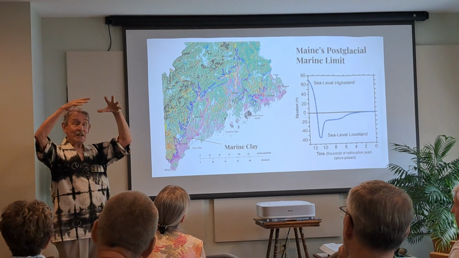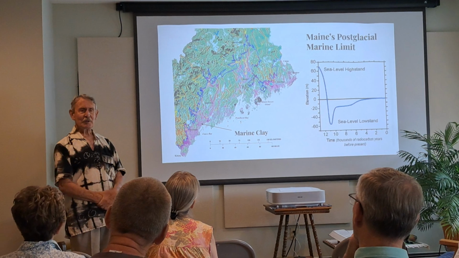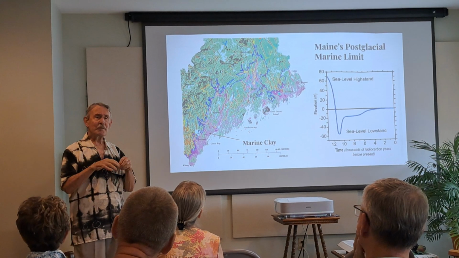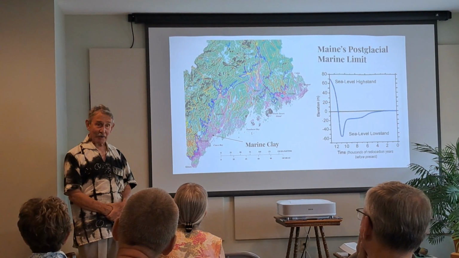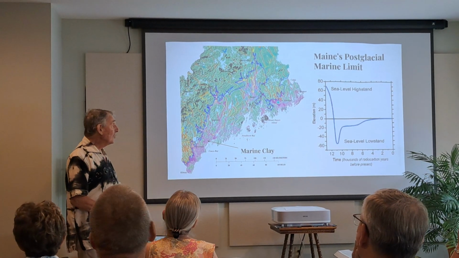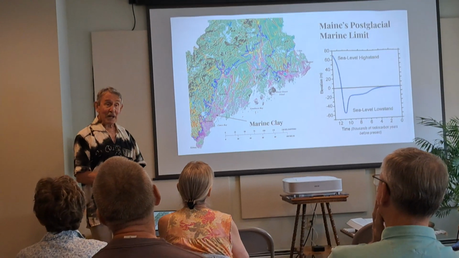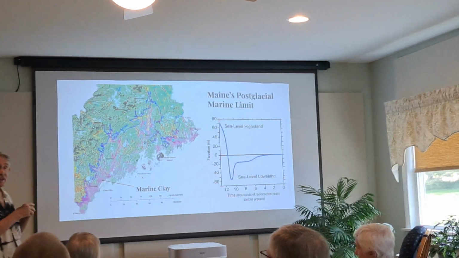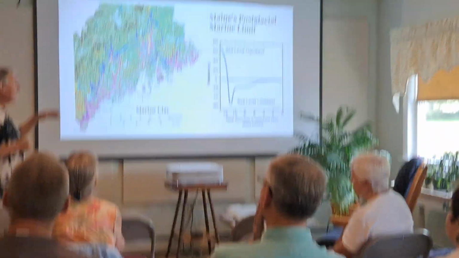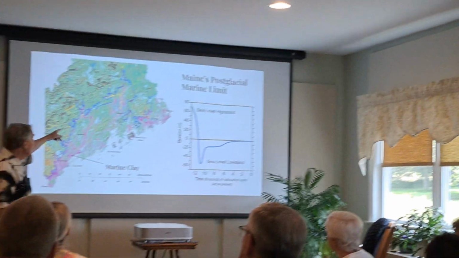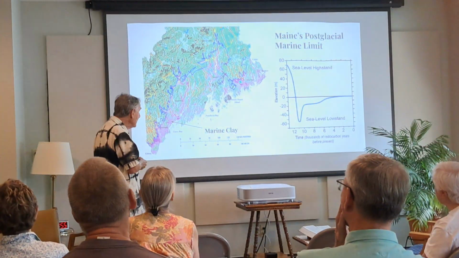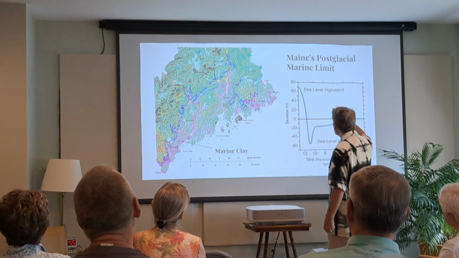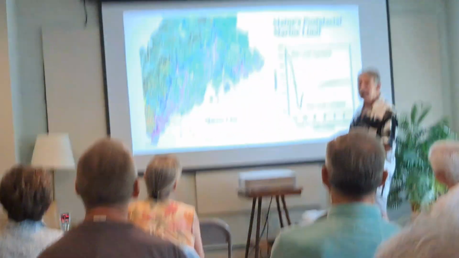That's when you can imagine a mile of ice. It's difficult to imagine what that would feel like, but it pushed the crust of the earth down, and so when the melting was occurring, sea level came up faster than the crust came up, and so sea level came way up here as far as Farmington, and I don't know if you can see Millinocket, almost at the top there, and so sea level came up 70 meters higher than current sea level.